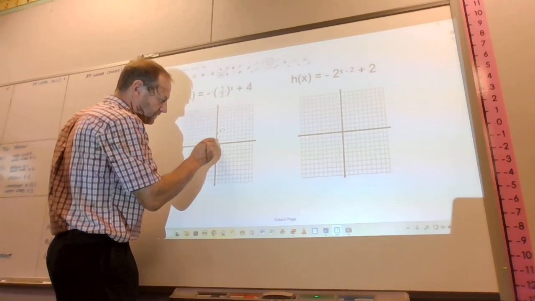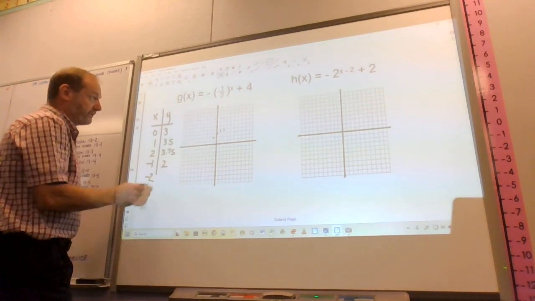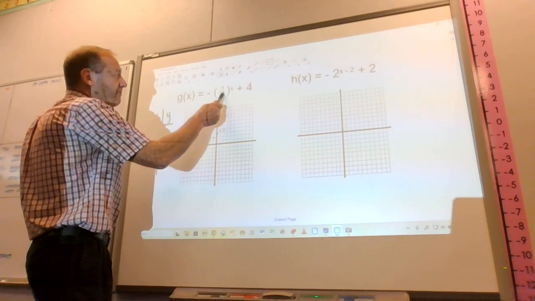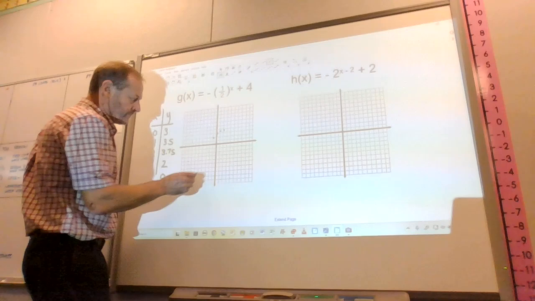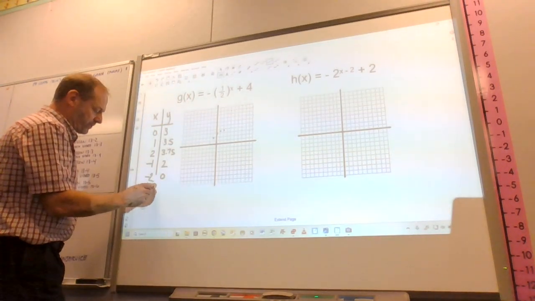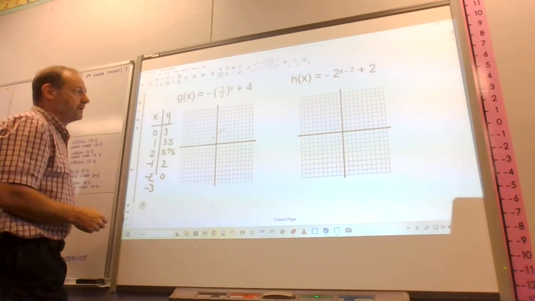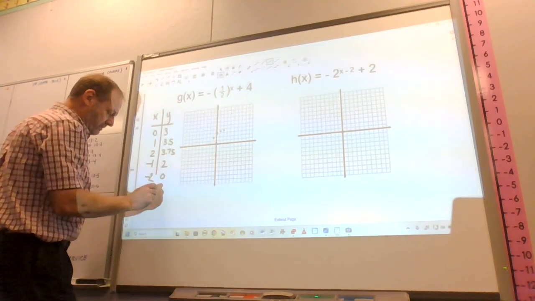So -1, 2 is right here. If I plug in -2, this becomes 4, -4 plus 4 is 0. And we'll go one more, -3. So this would be 8, -8 plus 4 is -4.